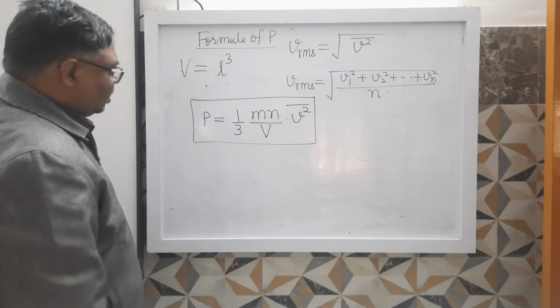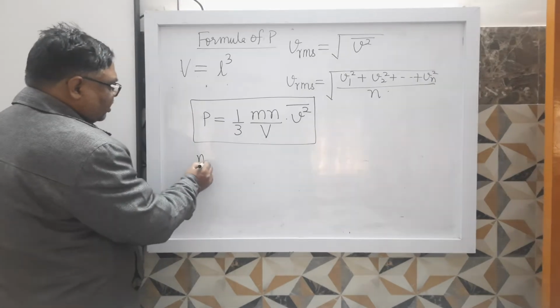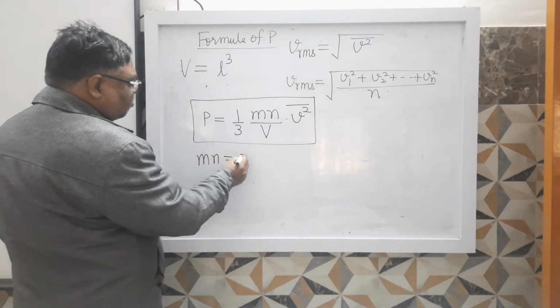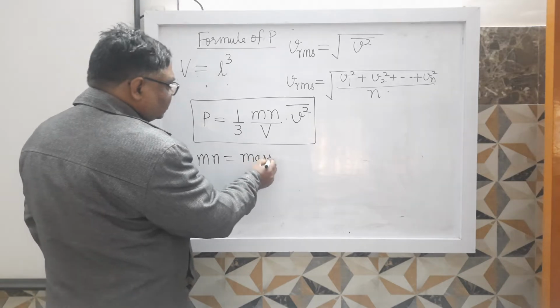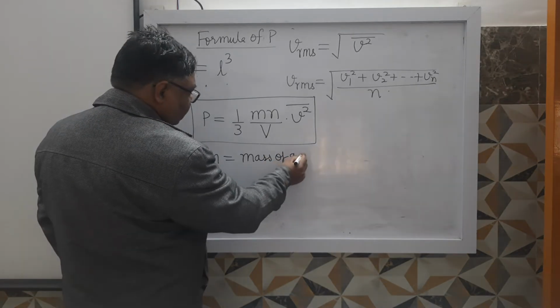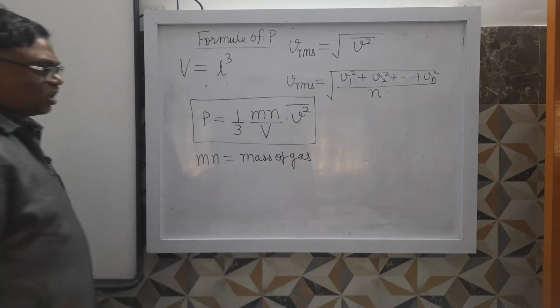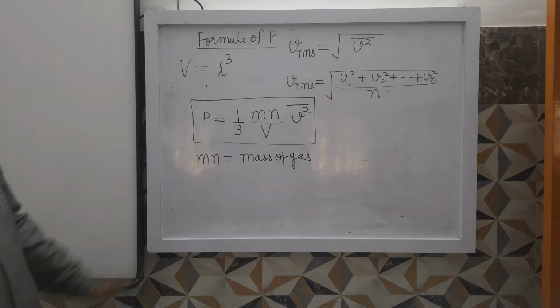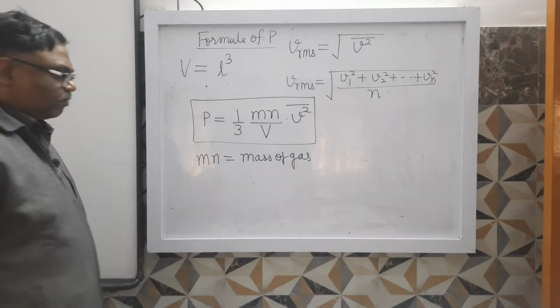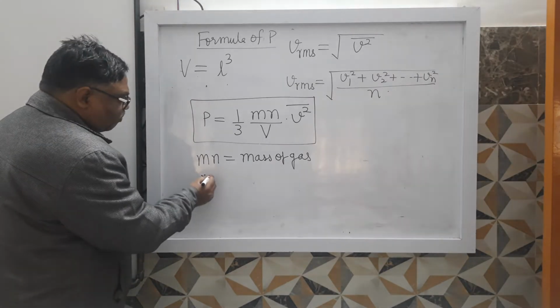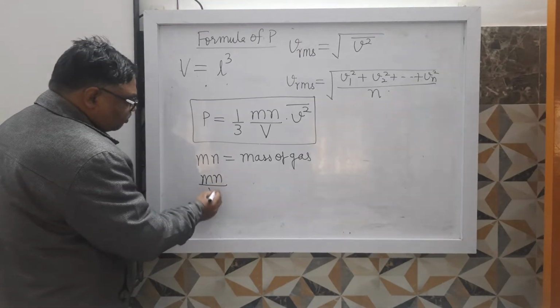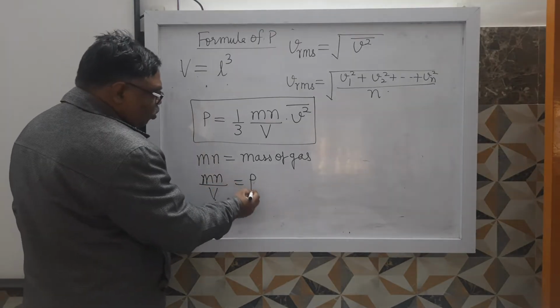Now see here, what is Mn? Mn will be the mass of gas. It is clear? Because m is the mass of each molecule, n is the number of molecules, so it will be the mass of gas. What will be Mn upon V? Mass upon volume means density, rho.